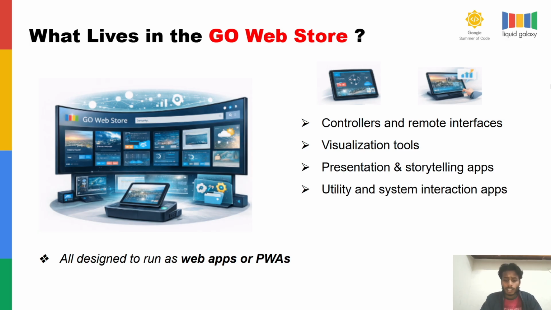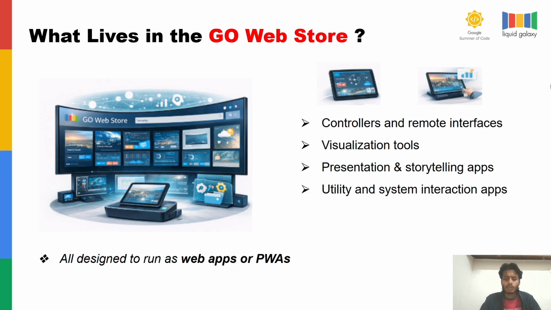Liquid Galaxy is widely used for storytelling, whether it is educational tours, project demonstrations, interactive presentations, or something like that. These apps help presenters control the flow of content, timing, and visuals, which makes the experience smooth and immersive.